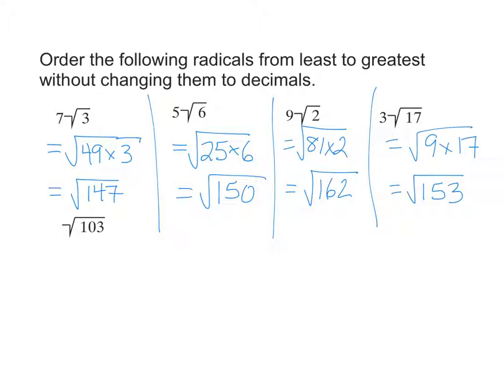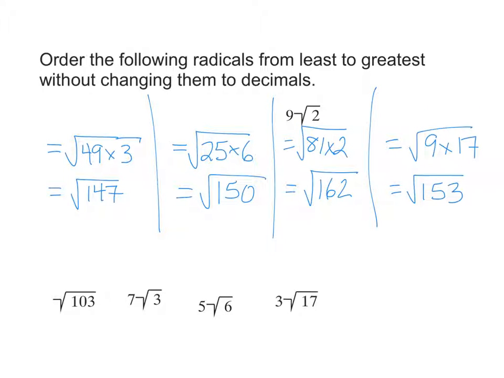Which one is the least? Because it asks us to put them in order from least to greatest. Root 103. Which one's next? 7 root 3. And then 5 root 6. And then 3 root 17. And 9 root 2.